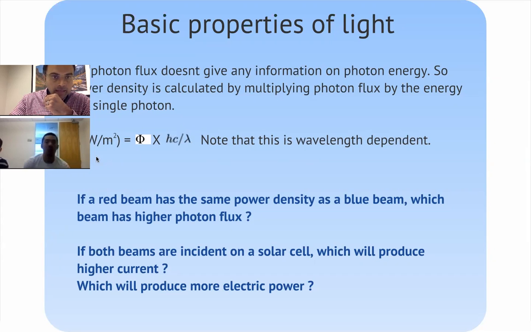Okay, so that is the important quantity when we're trying to get how much energy is coming into the system, for example from the sun. And keep in mind that this is wavelength dependent.